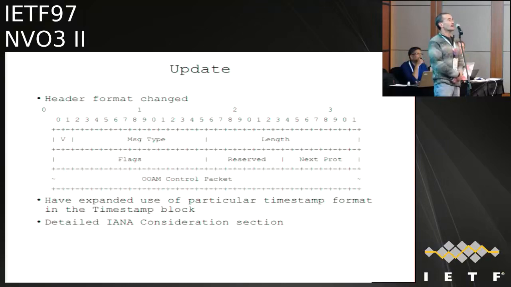In version 0, we state that the OAM header immediately follows the encapsulation header. So you have VXLAN GPE, which identifies the payload as OAM, then you have the OAM header, and in the OAM header you can identify the next type of the payload which follows the OAM control packet.